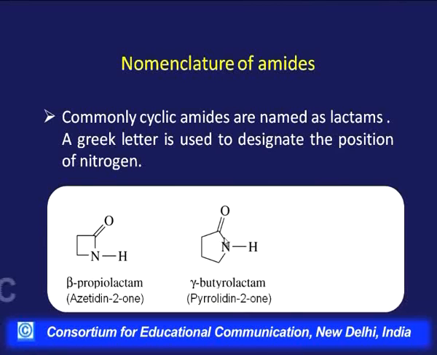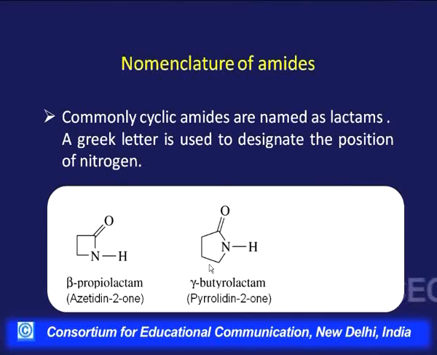This is a 5-membered lactam. Now, if you consider this as the carbon 1 of the carboxyl, and according to the common system, this is alpha position, this is beta position, this is gamma position. So, it was a butyric acid having an amino group at the gamma position, which has formed the cyclic amide, that is lactam, and that is why this is named as gamma butyrolactam.